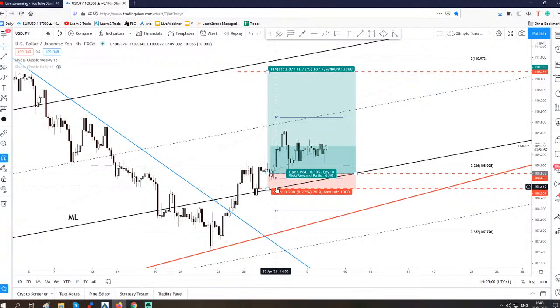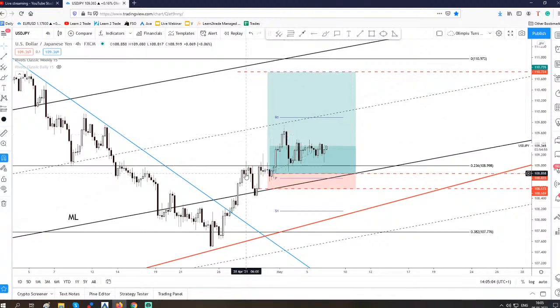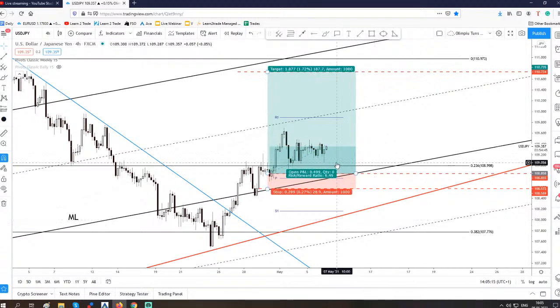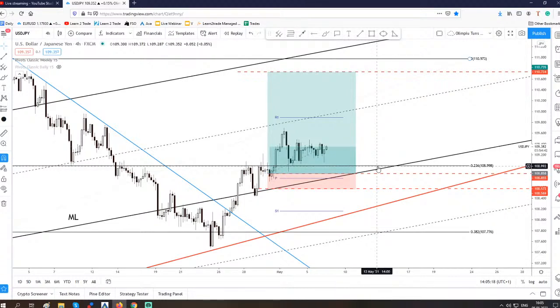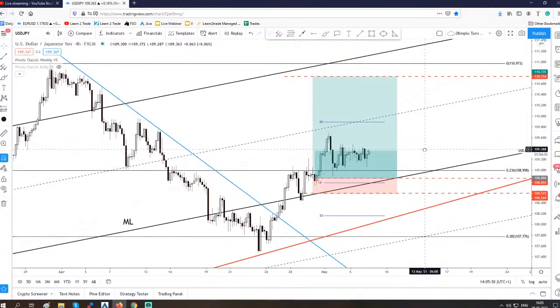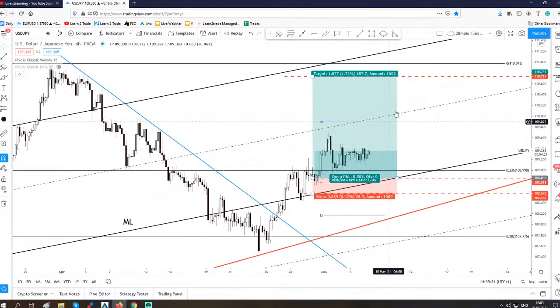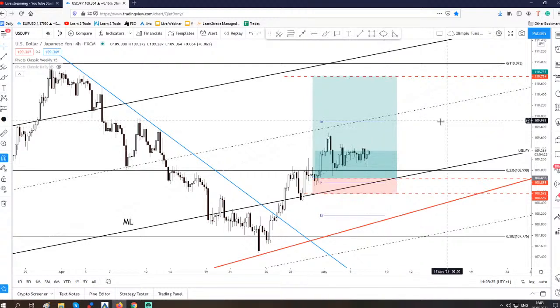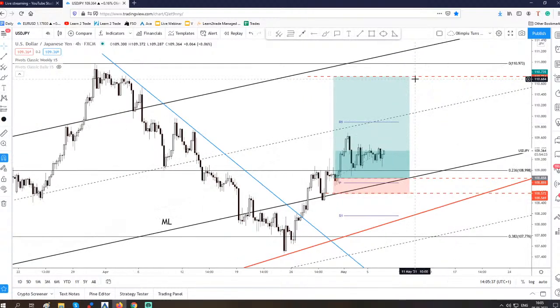After this rally, we decided to move our stop loss to protect this trade at 108.85 to lock in 28 pips, guys. So right now the price failed to retest the 23.6 retracement level, so it could resume its upside journey, its swing higher. So our position could continue to increase and maybe it will approach our target, guys.